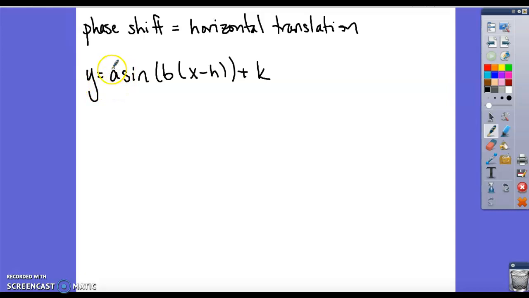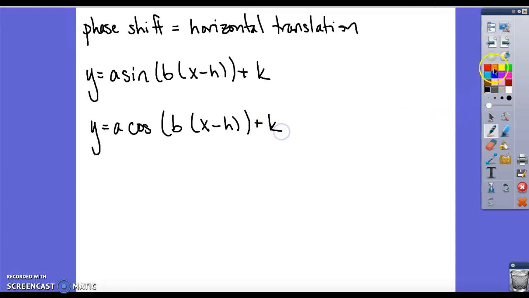So I'm going to write this y equals a sine b times x minus h plus k. This is a little bit more what we're used to seeing when we've talked about horizontal and vertical translations. This is always our horizontal, right? This is our vertical. I'm going to write cosine the same way.